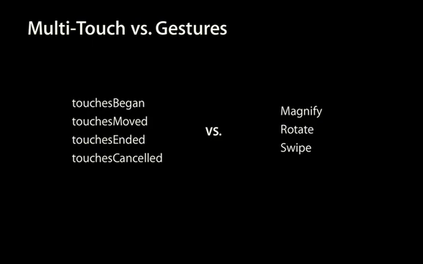But if it was some other kind of control or the image was fixed and you just wanted to magnify it in place, or you're magnifying the whole view, then let Apple do the high-level magnify recognition for you. And the same thing with rotate and swipe.